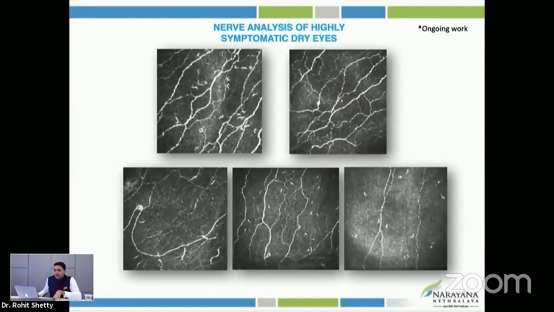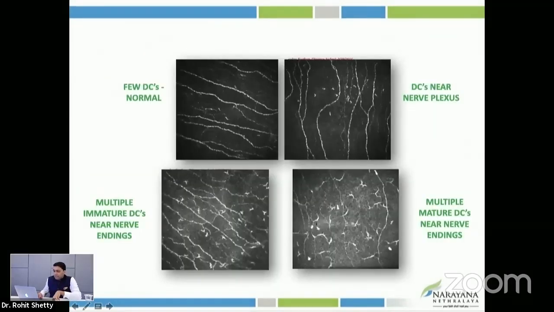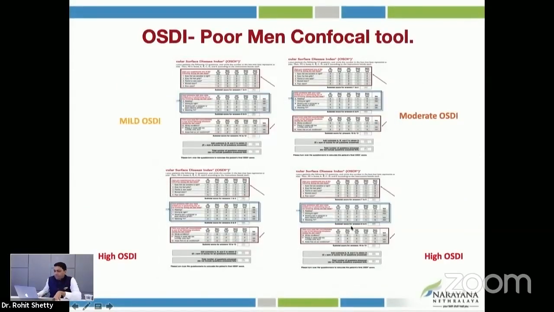And these are different types of nerve parameters here, the loops, and you can see some microneuromas out here. And these are all huge dendritic cells out here. It's like a starry sky appearance all over the place.